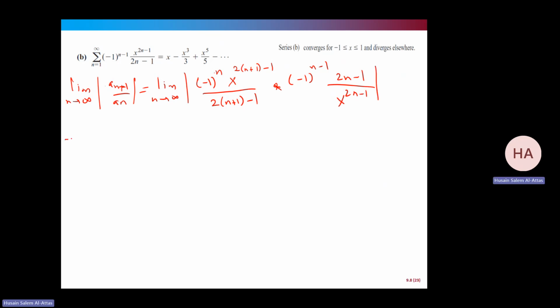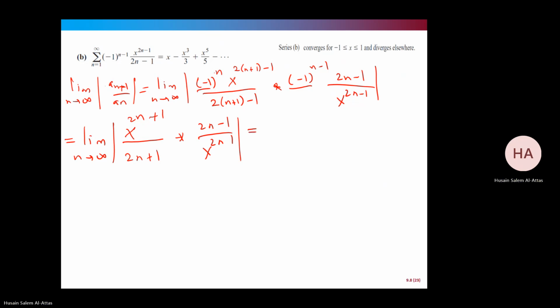Okay, let me do it in detail. This with this gives me minus 1, with the absolute value. Done. So I have x to the power 2n plus 1 over 2n plus 1, times 2n minus 1 over x to the power 2n minus 1.